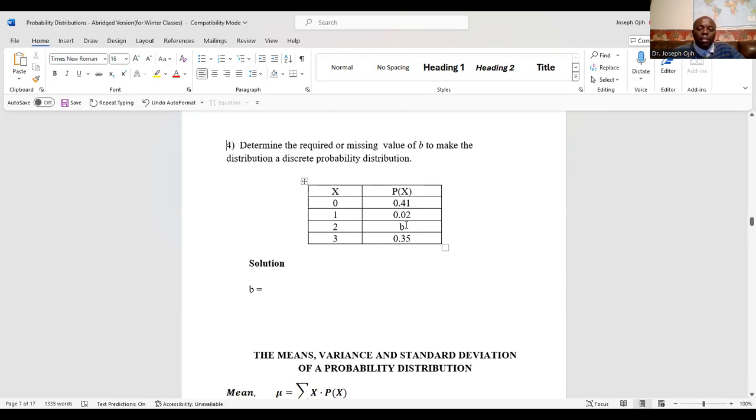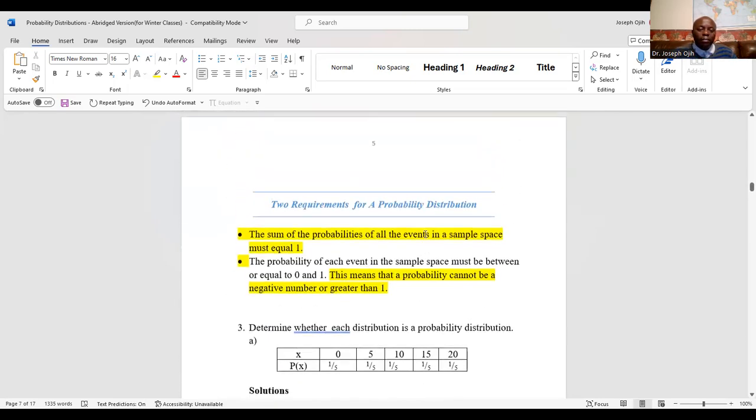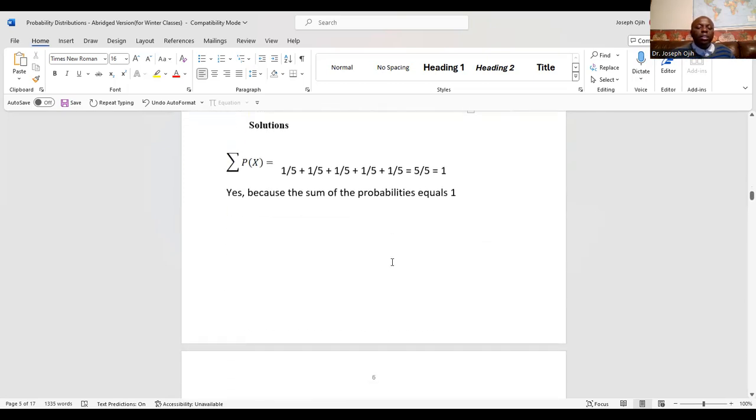One of them is B. They didn't give the answer there, so that's the one they want us to find. You already know that one of the requirements is that the sum of the probabilities of all the events in the sample space must equal 1.